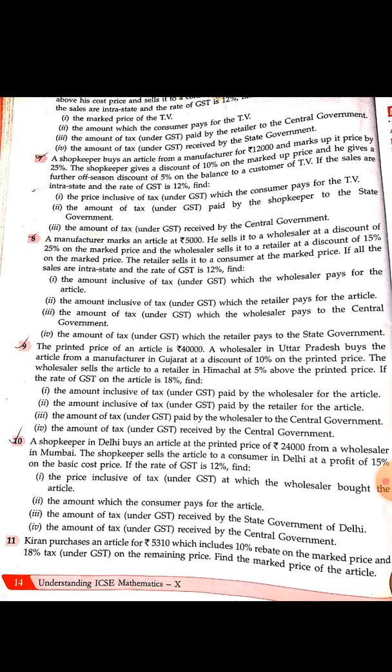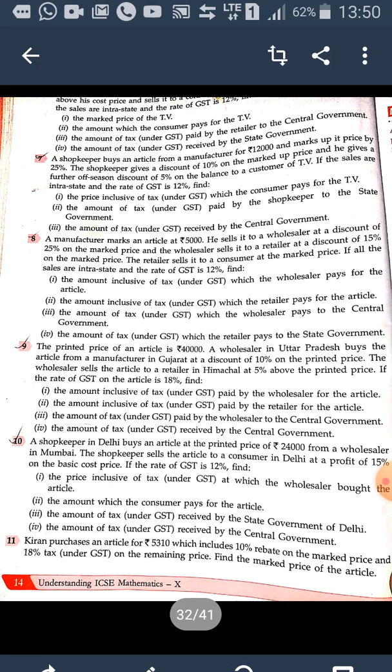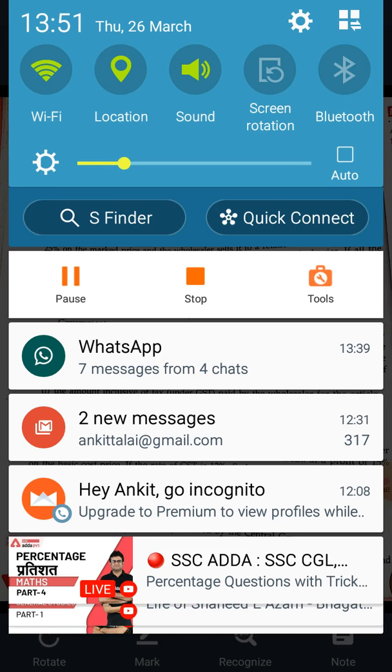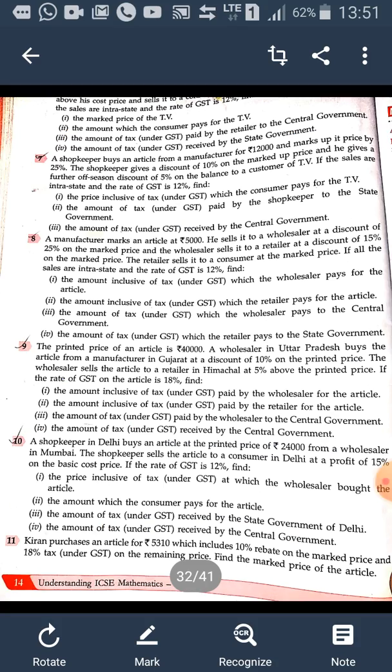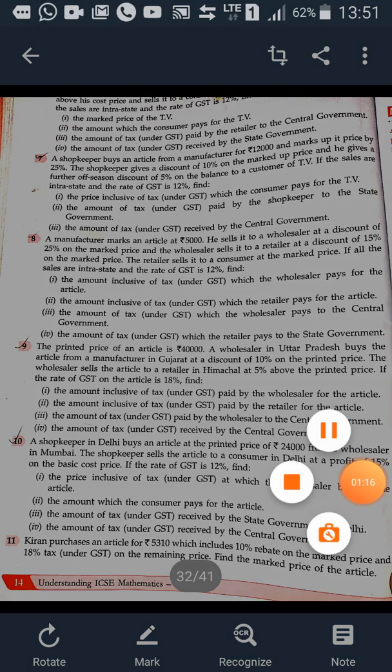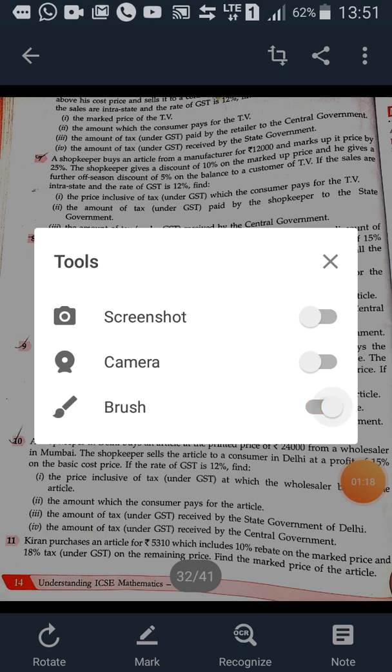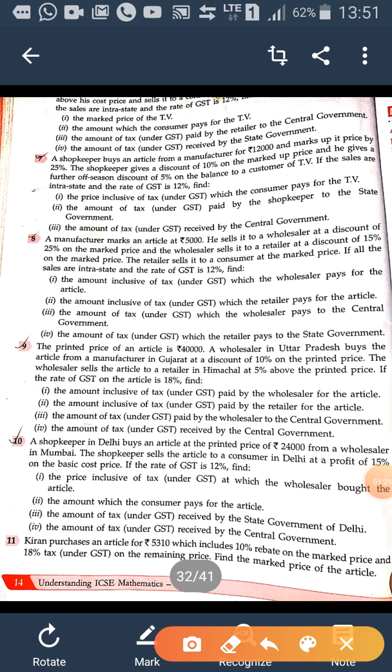printed price. The wholesaler sells the article to a retailer in Himachal.